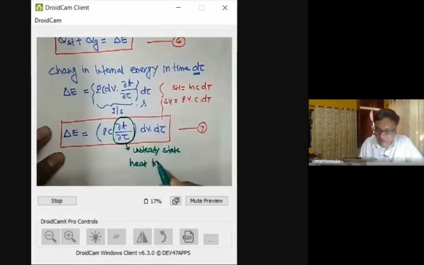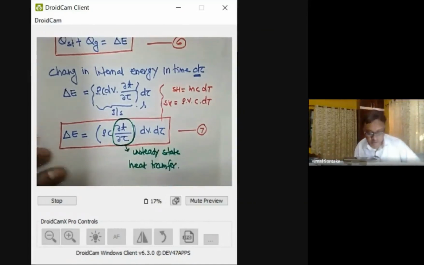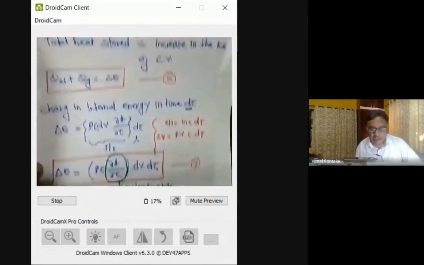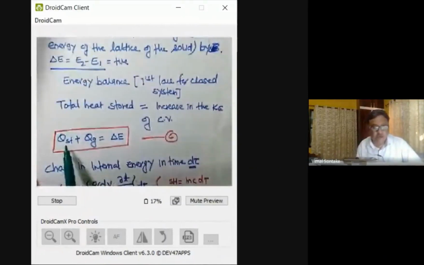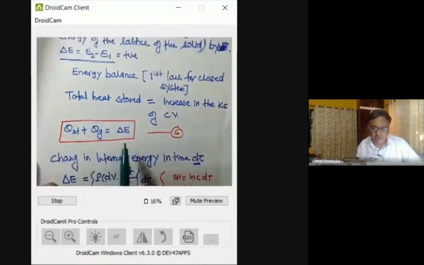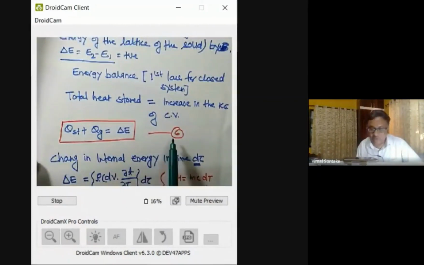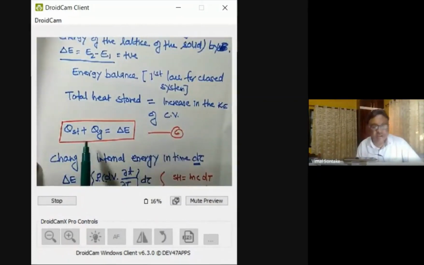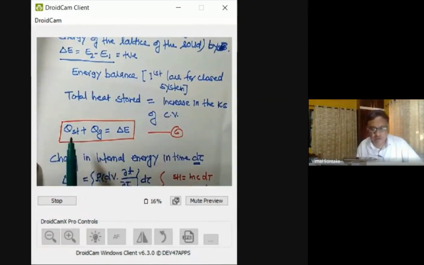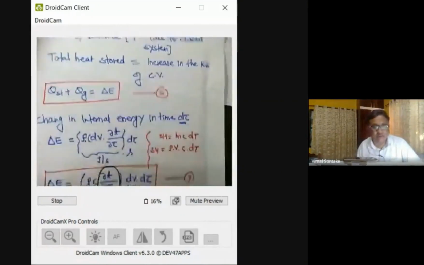Mind well. Correct? Now we have equation 6, Q stored plus Qg is equal to delta E. In relationship number 6, we have expressions for Q stored, Qg, and delta E from equation number 7. The equation of Q stored is equation number 4, the equation of Qg is equation number 5, and the equation for delta E is equation number 7.